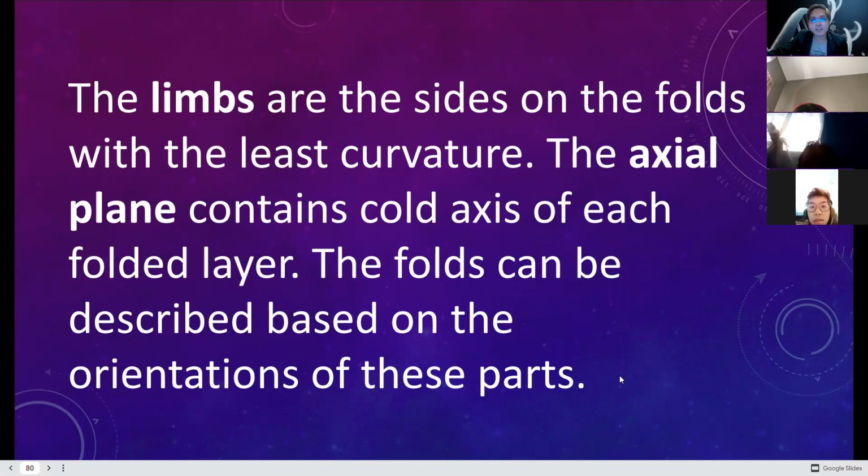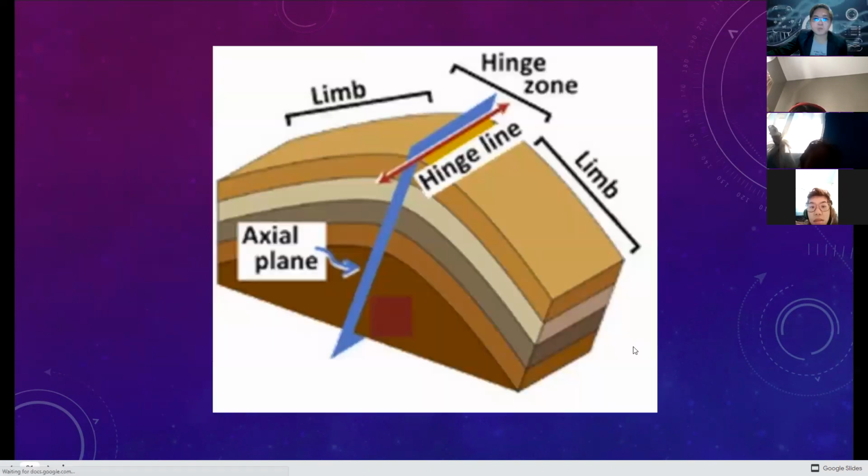The axial plane contains the fold axis of each folded layer. The folds can be described based on the orientation of these parts. If this is your mountain, take a look at this one. This is the axial plane, and this is the hinge line where the curve can be seen best.